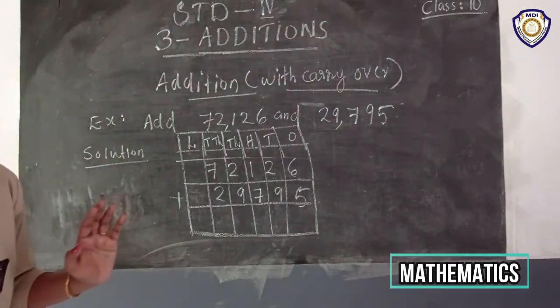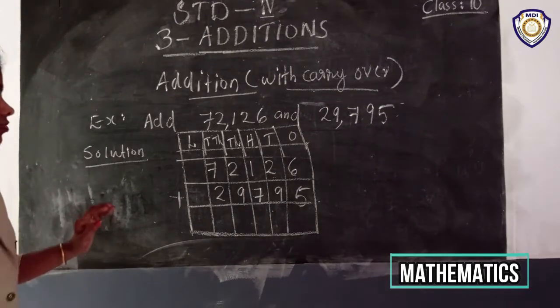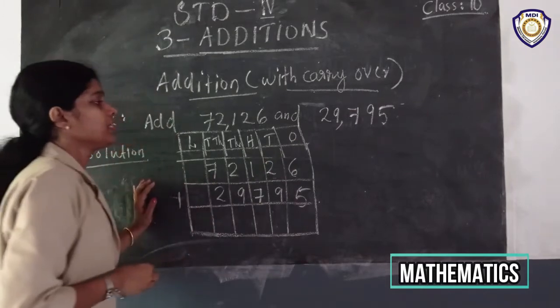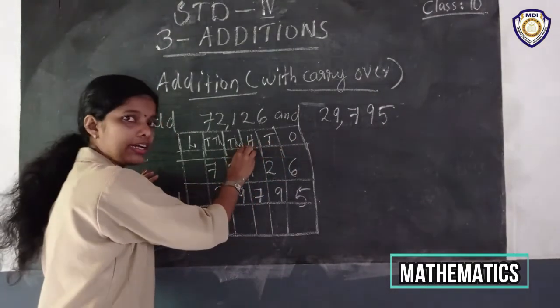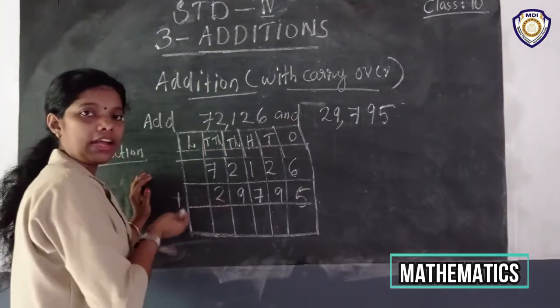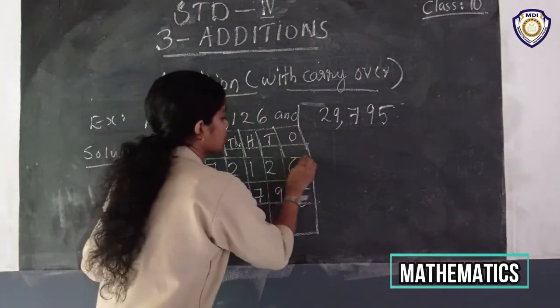Firstly, add the ones column, then the tens column, then hundreds, then thousands, then 10,000 and lakh. Firstly, add the ones column.